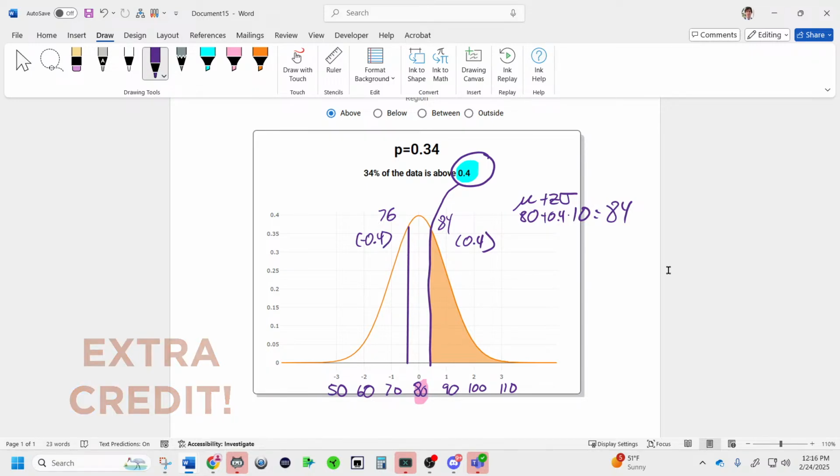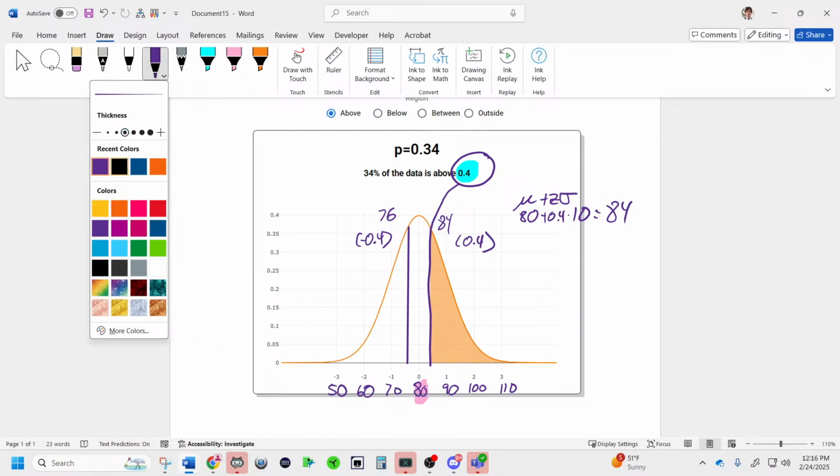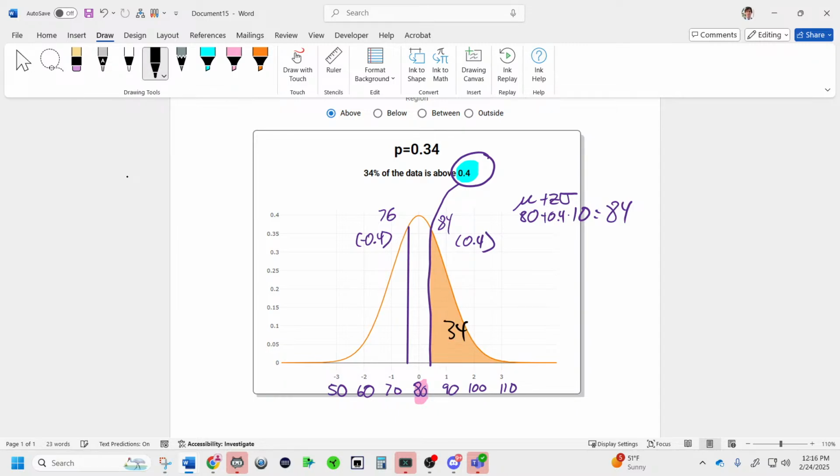Trying to walk you right up to the answer, and then hopefully you can see it. What I would do is realize that this is 34%, which makes this 34%, since it's symmetric right there. And then we're going to erase this because we just don't want to see that anymore, even though we were using it a moment ago.